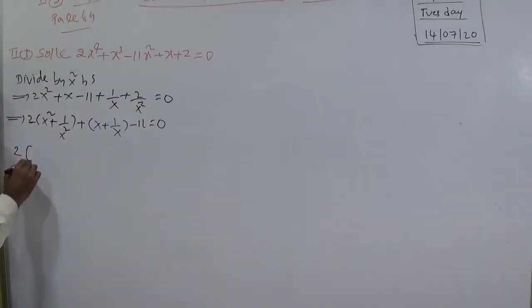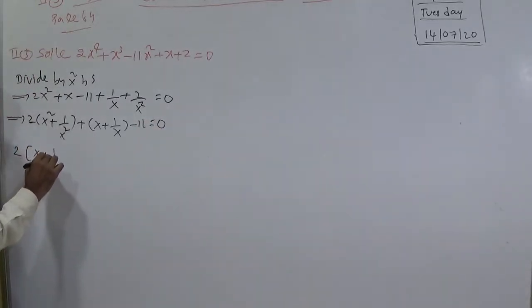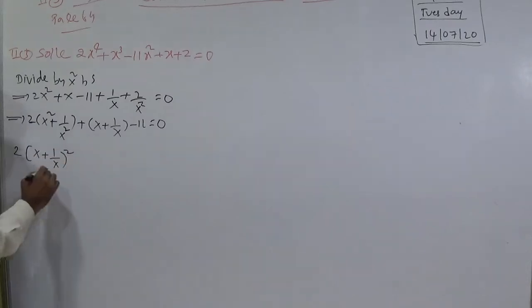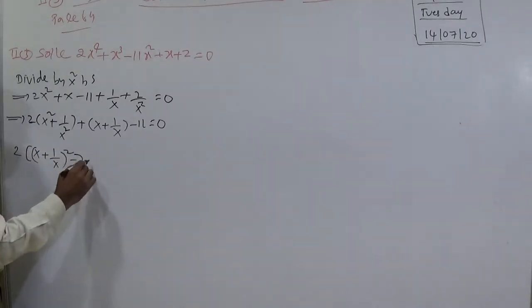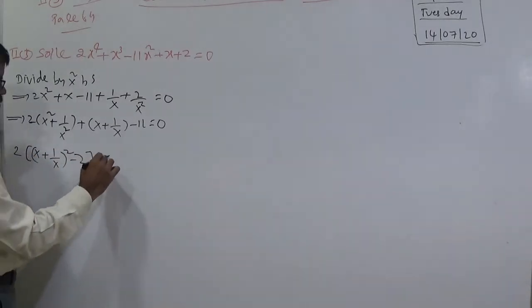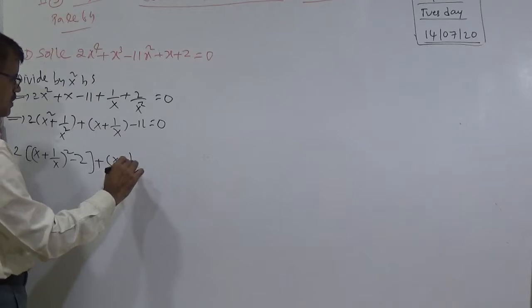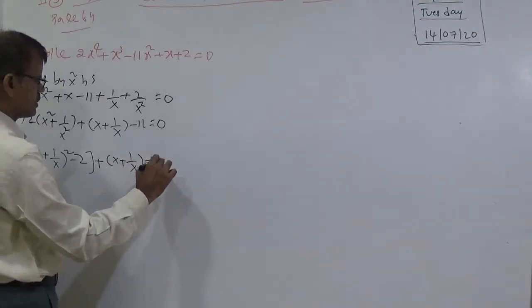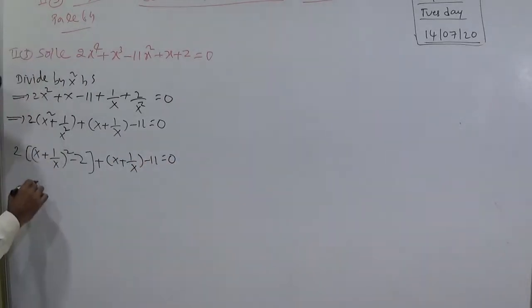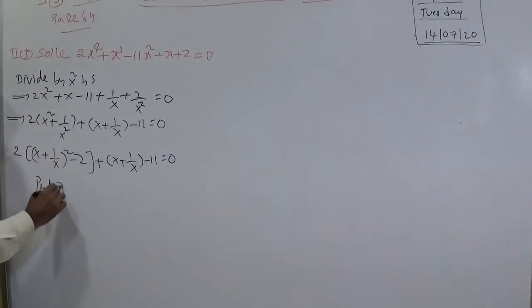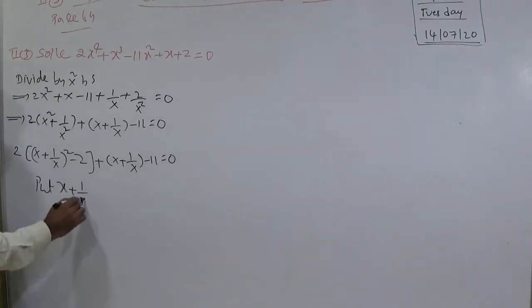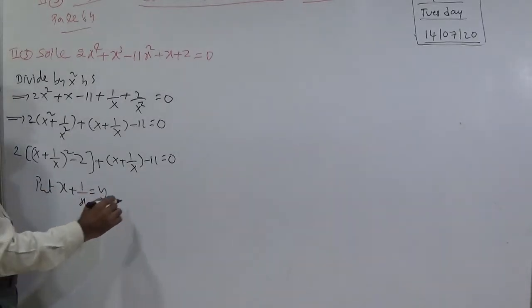Now you can write this x square plus 1 by x square as x plus 1 by x whole square minus 2, plus x plus 1 by x minus 11 is equal to 0. Now put x plus 1 by x is equal to y.